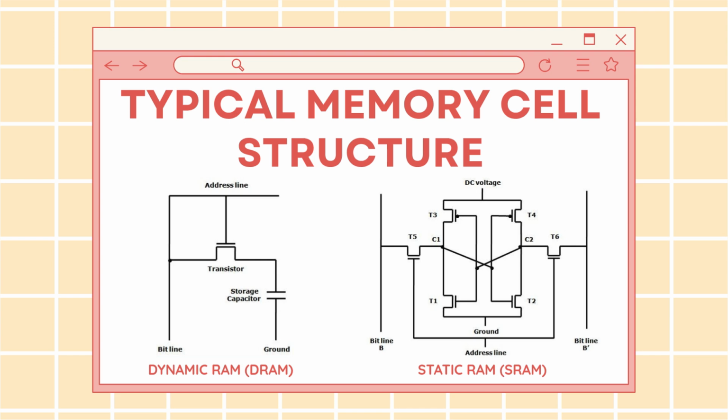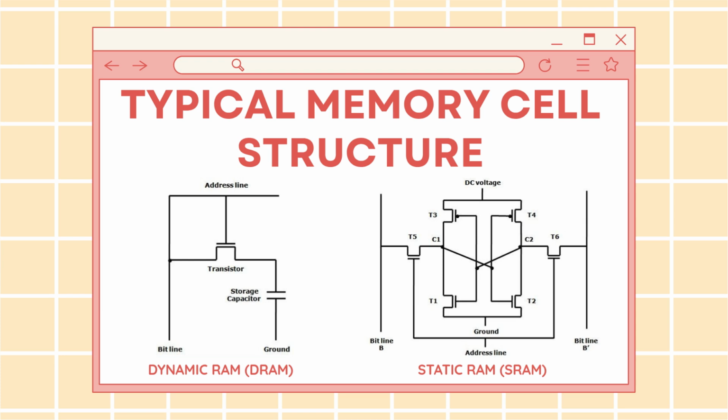Let's take a closer look at the physical layout of this memory by analyzing the typical memory cell structure. This diagram clearly illustrates why the two RAM types perform so differently. On the left side, we can see the dynamic RAM, or DRAM, cell. This design is much simpler. It contains only one transistor and one storage capacitor.